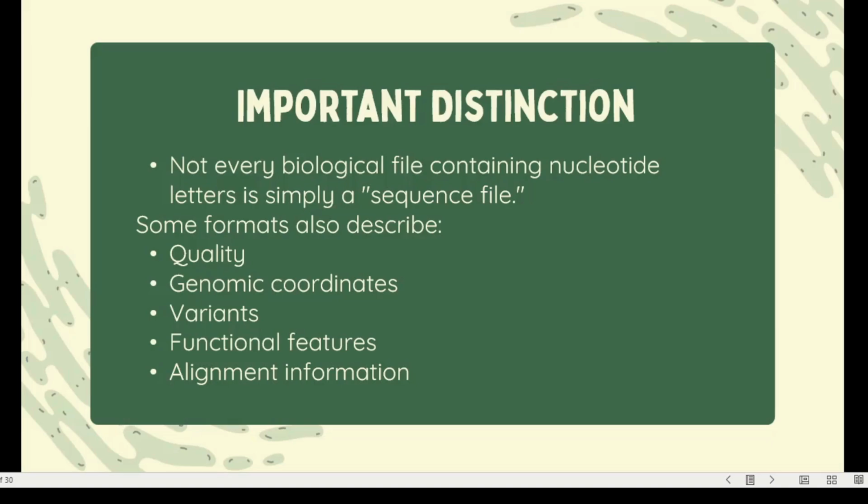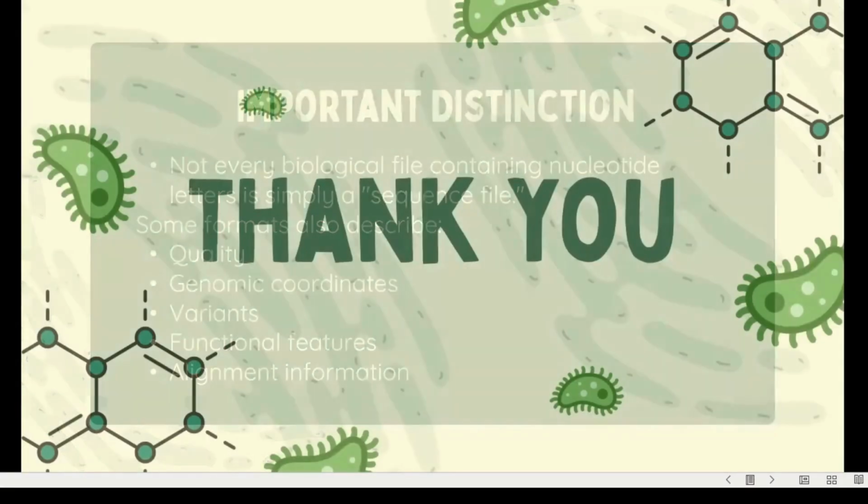Some formats also describe the quality of the sequence, genomic coordinates, variants, functional features, and alignment information. All this information is stored in sequence files, depending on what kind of data you want and what process you are doing.